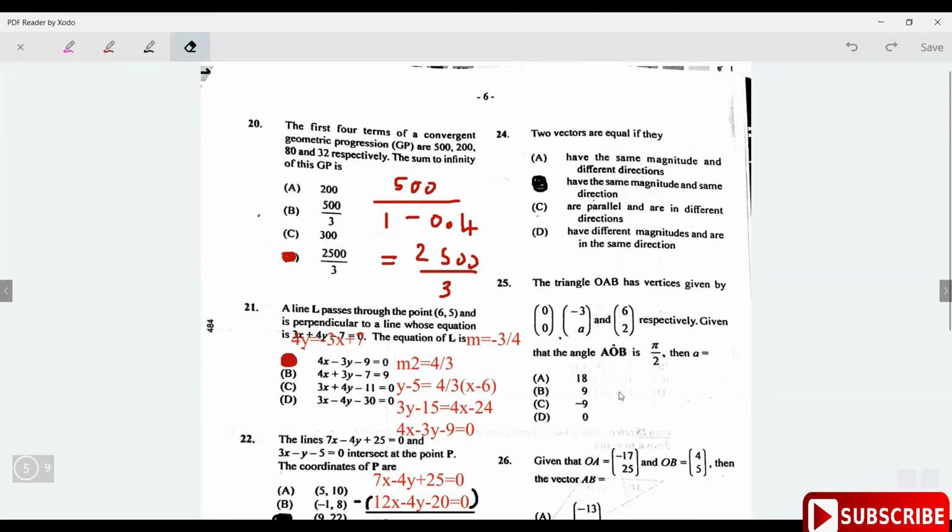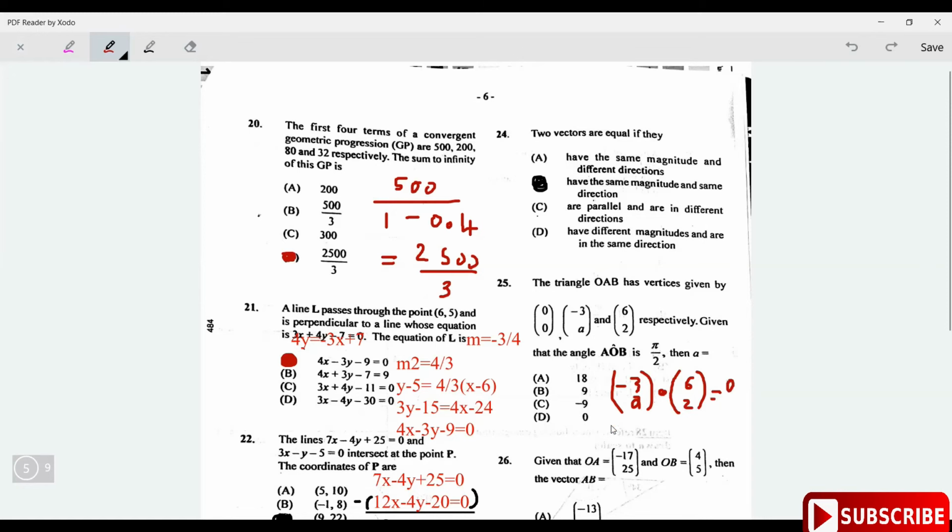Now I always like to show a little sketch, but if the angle is 90, then that means that (-3a) and the dot product with (6, 2) equals 0. Minus 3a with the dot product of (6, 2), the dot product is equal to 0.